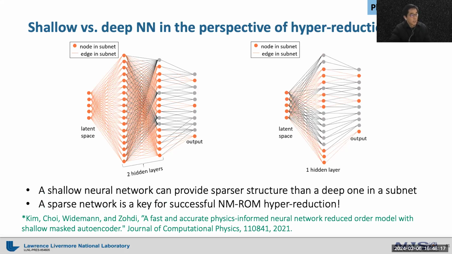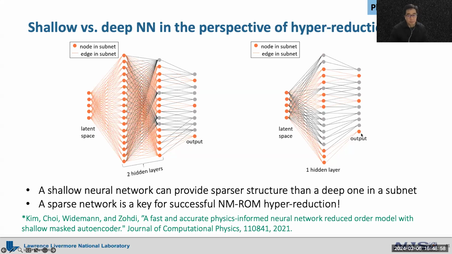So that's why our group used a shallow neural network and sparsified the connections, so that even after the collocation point selection, the number of hidden nodes in the hidden layers is not large. That's how we achieve the hyperreduction, by applying the masking approach and then building a subnet based on which hidden nodes are chosen.